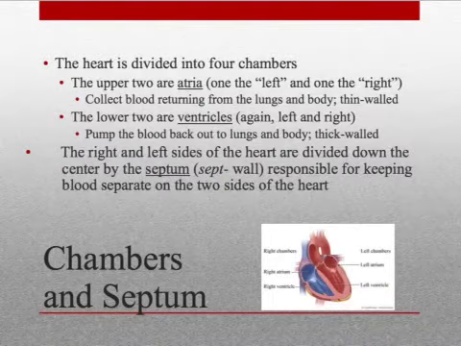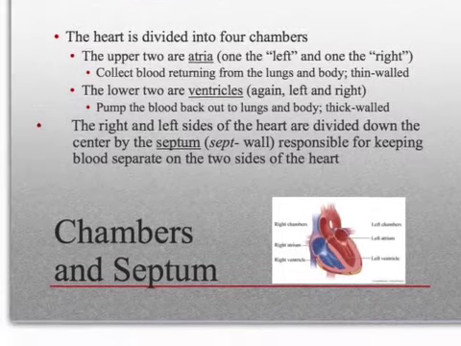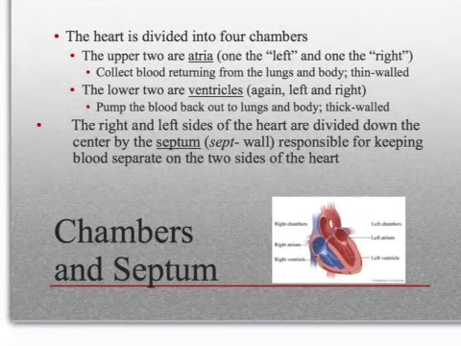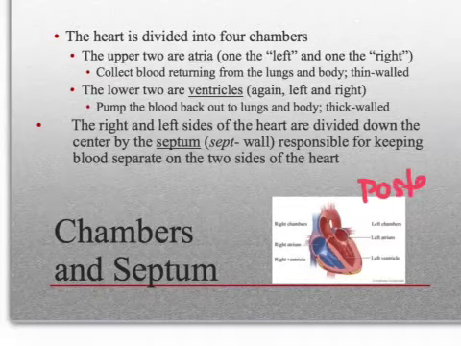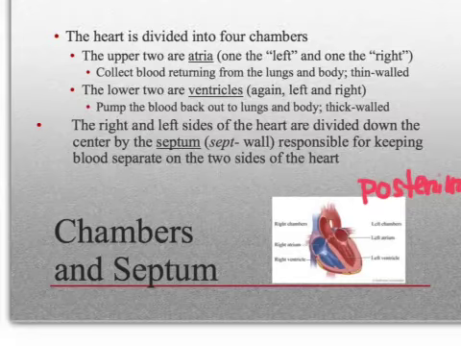So if we look at the heart in half, let's say we took the heart and we cut it right down the middle, so we had a front and a back half. Here's what you would see. This would be the back half, or the posterior half of the heart. All mammal hearts have 4 chambers, and you can see them here. Let me get a narrower pointer for a second.